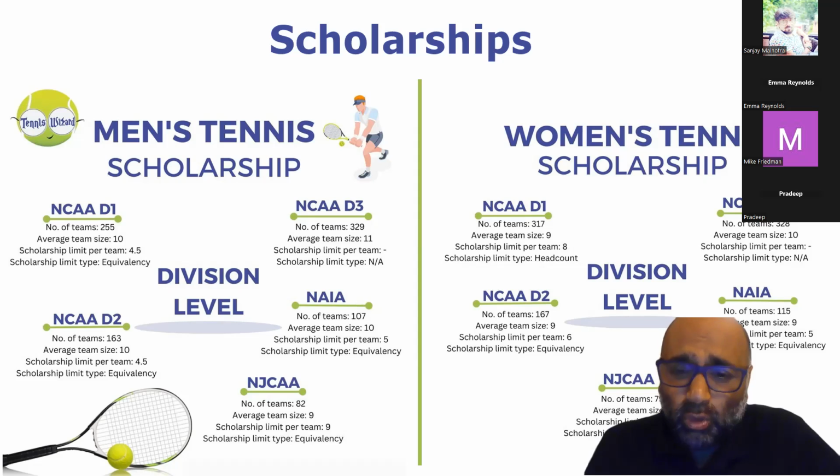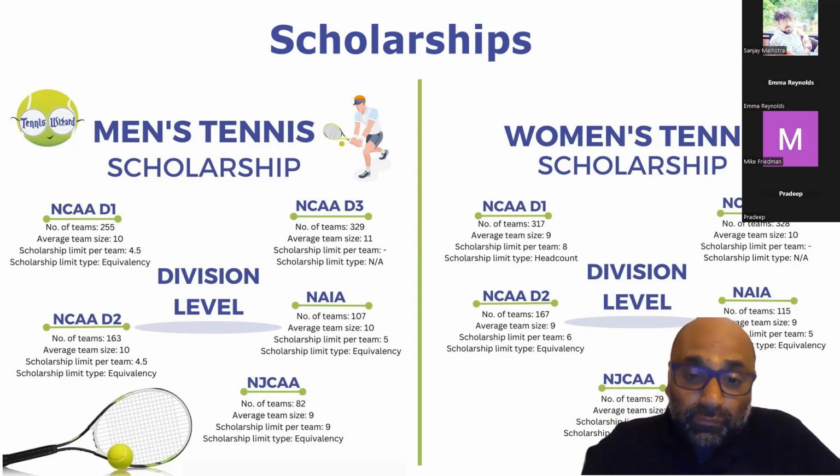What it means is there are 8 full scholarships, and it's something called a head count scholarship, which means a scholarship comes 100%. It covers tuition, books, room and board, and some incidentals nowadays. But you cannot break a head count scholarship into 2 or 3 parts, so you have to give it 100%, right?